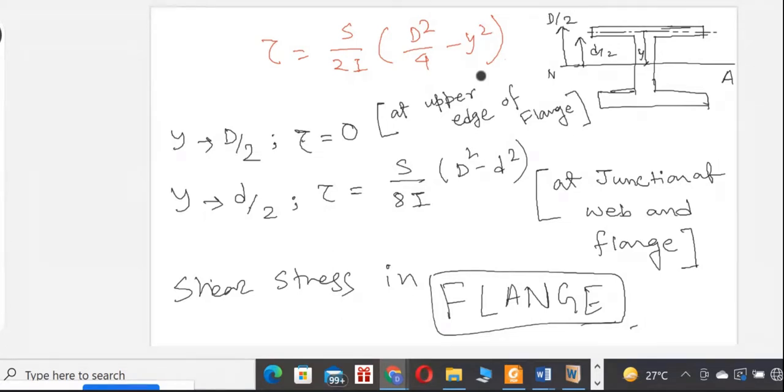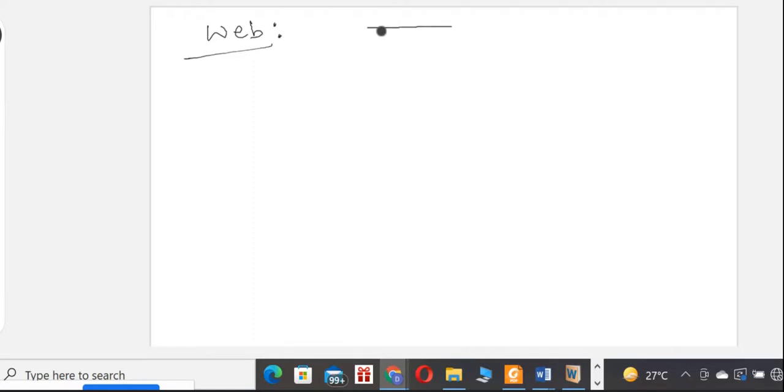Okay. So we are going for the web part now. This is our neutral axis.